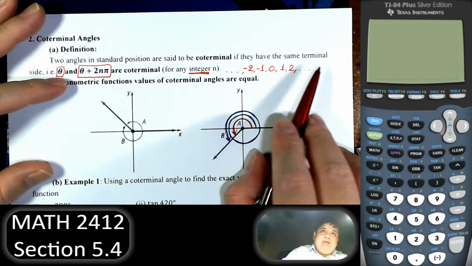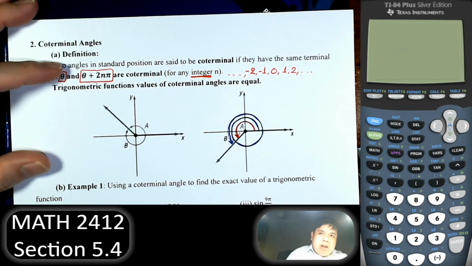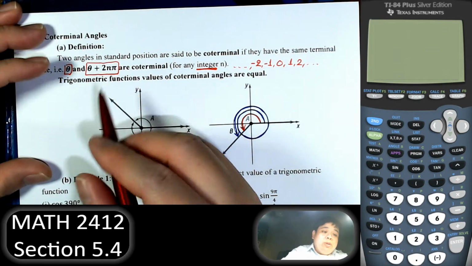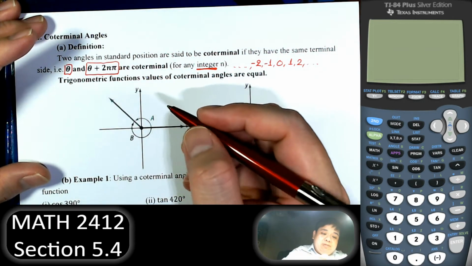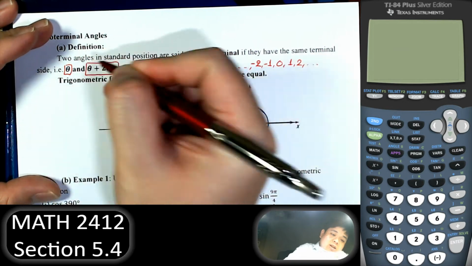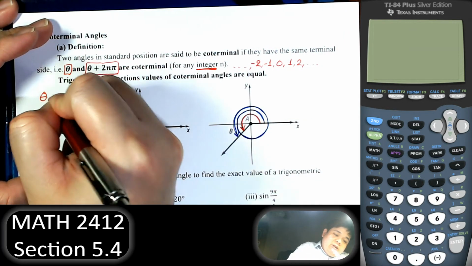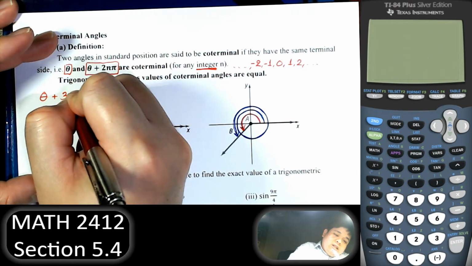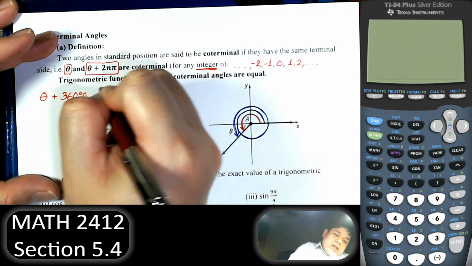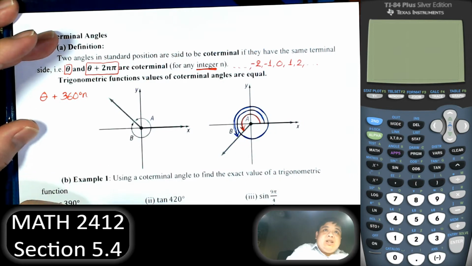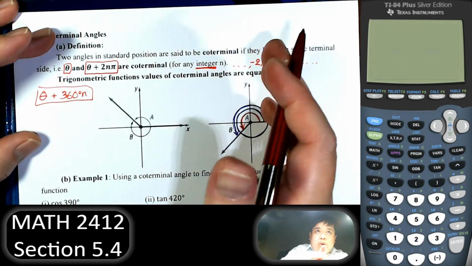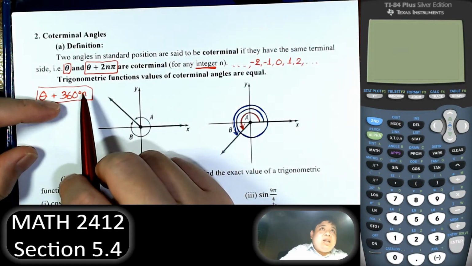So n could be negative as well. Bottom line is, if we write in terms of degrees, we add 360 degrees times n. So 2 pi turns into 360. Either we write 2n pi in radians or 360 degrees times n in degrees.